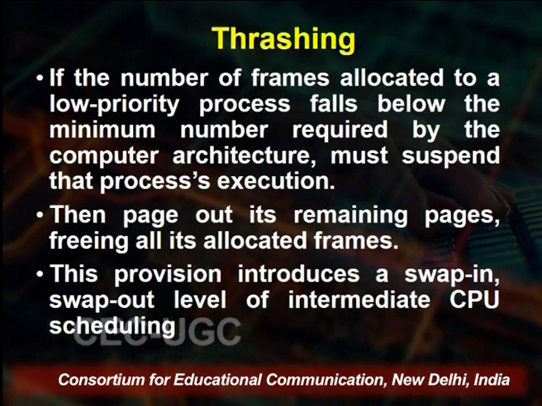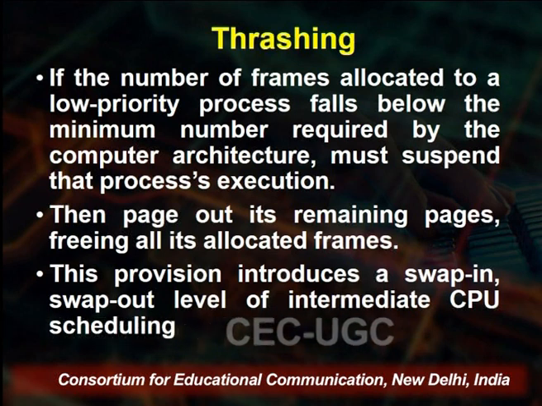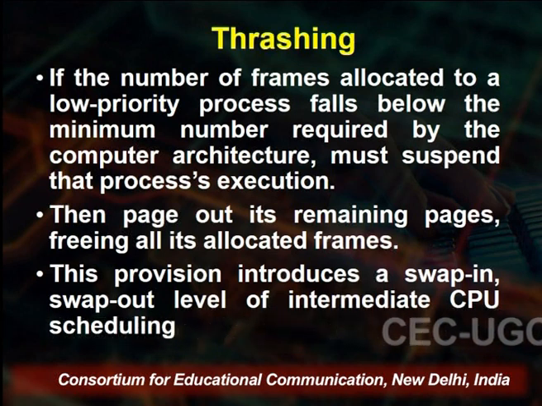Now what will happen if the frames allocated to a particular process fall below the minimum number required by the computer architecture? So let us say we have fixed 4 frames per process.